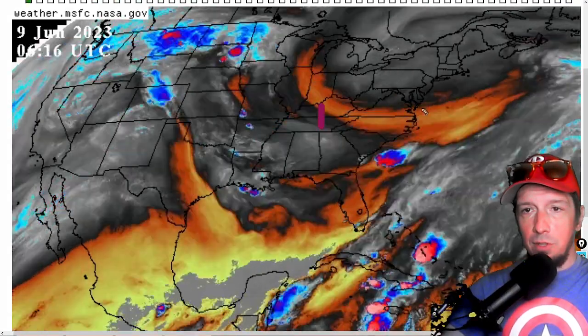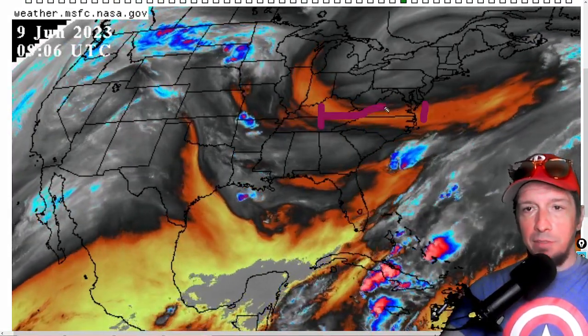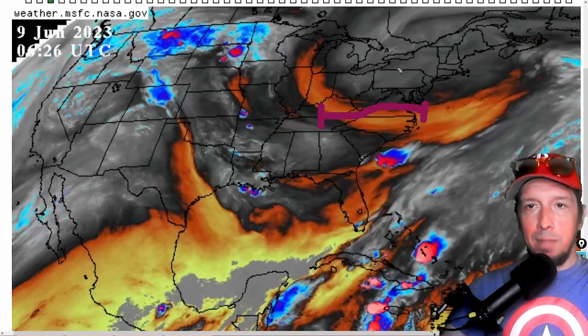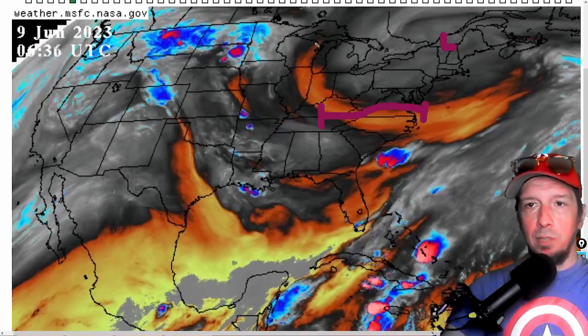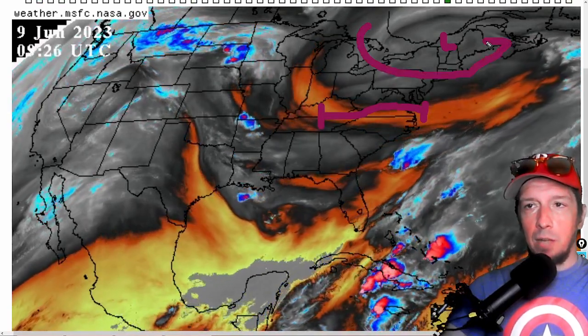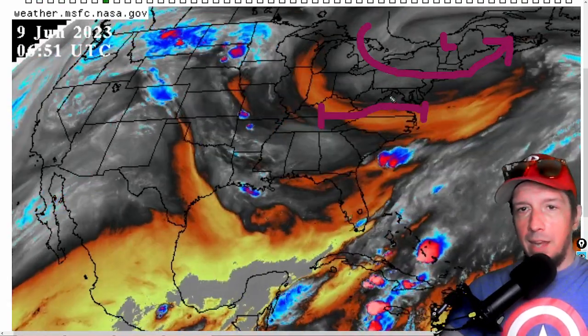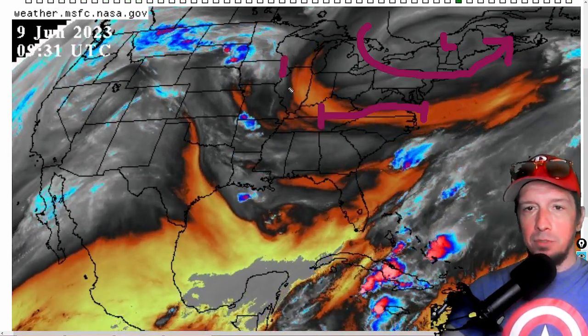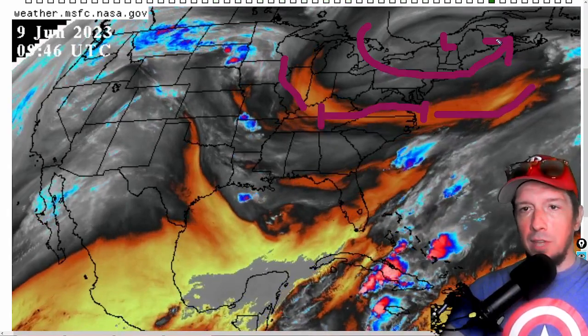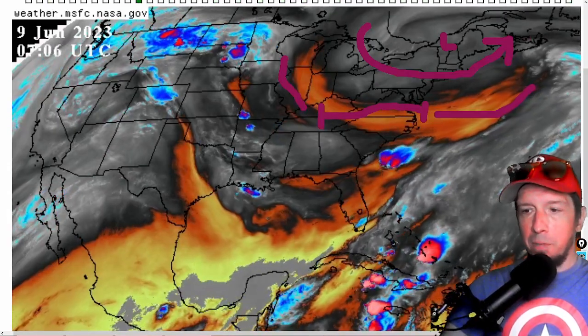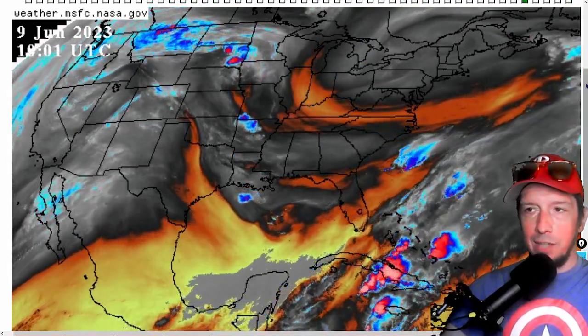You've got this relative high pressure, this dry mass of air down here, and it's acting as a blocking feature. So the low is now right about here. It's just been loitering. You can see that counterclockwise rotation happening, and that air is being corralled by this dry mass of air. This high down here is keeping all of this air together, and that is what is compressing smoke into the mid-Atlantic states.